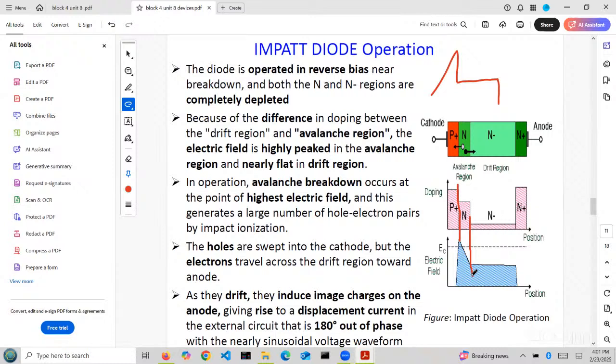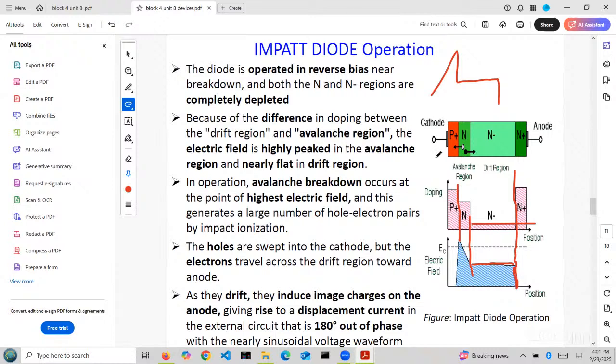Up to N, it is decreasing. After N, in the drift region, the electric field is constant, up to where the depletion region ends. After the depletion region ends, it immediately goes to 0. And one more thing, voltage and current are out of phase here.